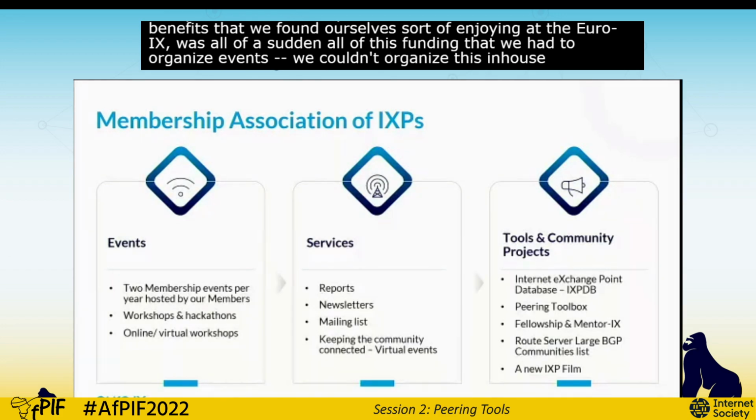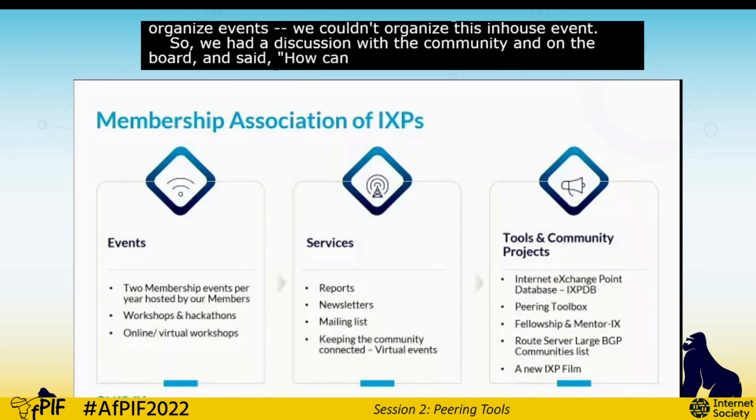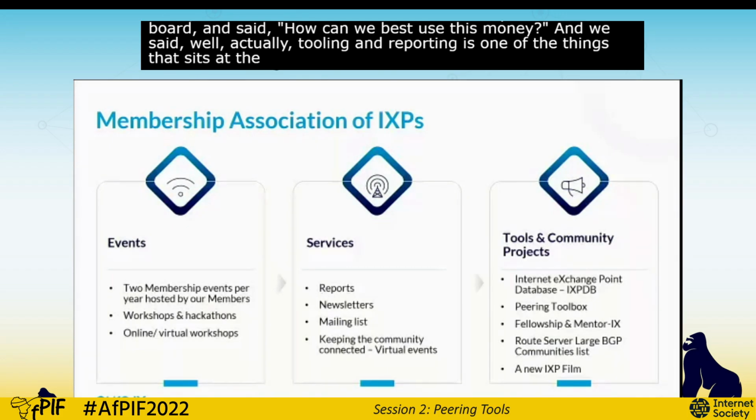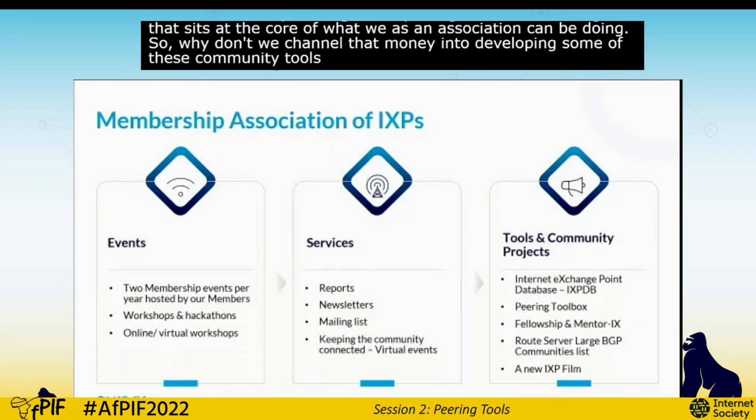So we had a discussion with the community and on the board and said, how can we best use this money? And we said, well, actually tooling and reporting sits really at the core of what we as an association can be doing. So why don't we channel that money into developing some of these community tools that we really think we should be doing?